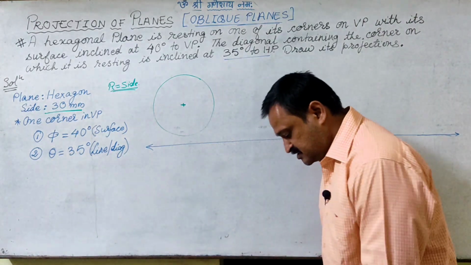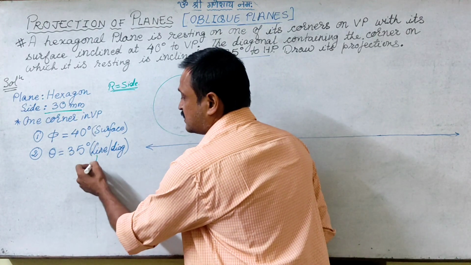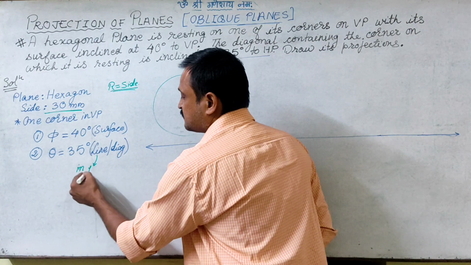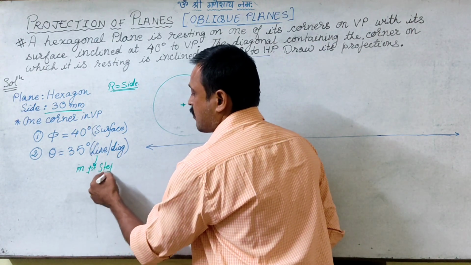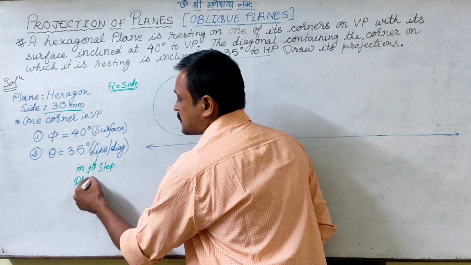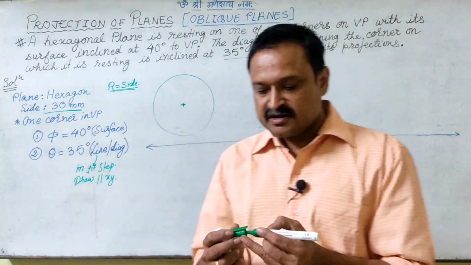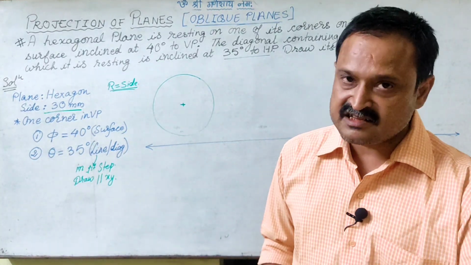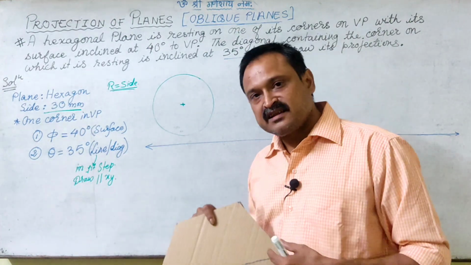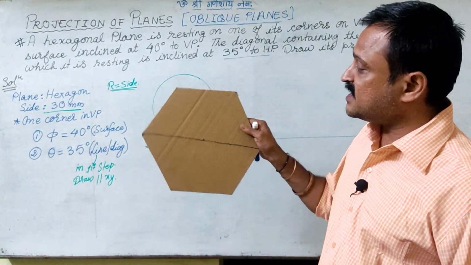Wherever I consider this line in the first step, we will draw this parallel to the XY line, right? So a hexagon has 6 diagonals, but I'll be selecting only one diagonal. Whichever diagonal I have selected, I'll keep that parallel to XY. That means I'll get the hexagon in this shape.